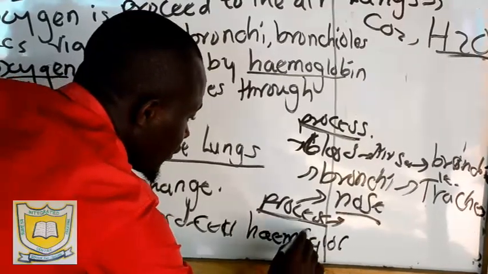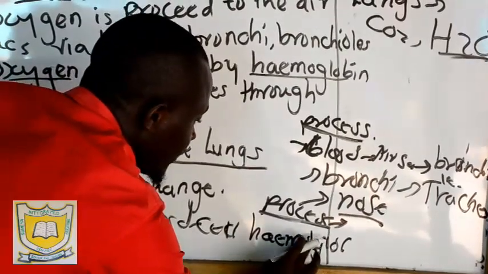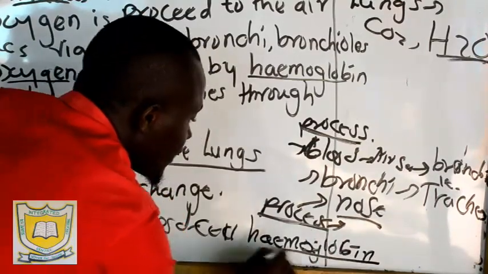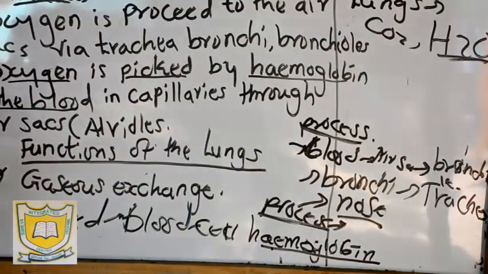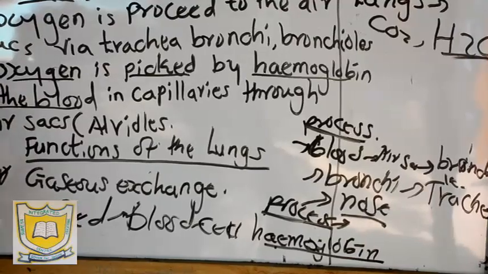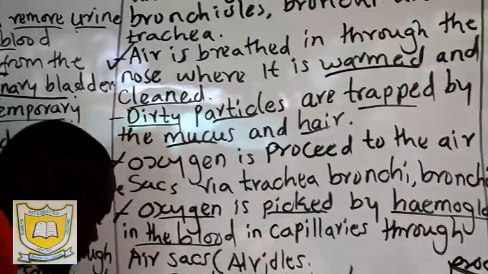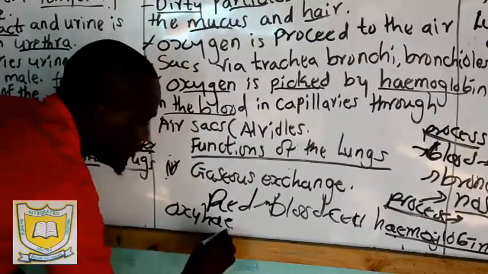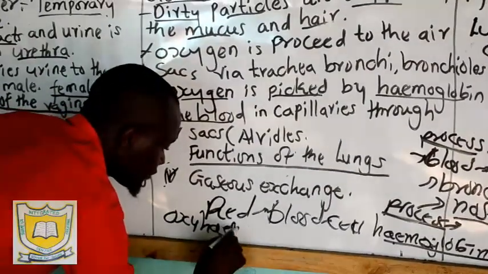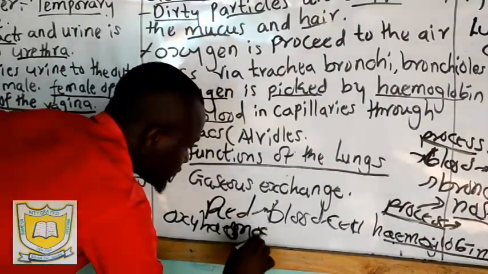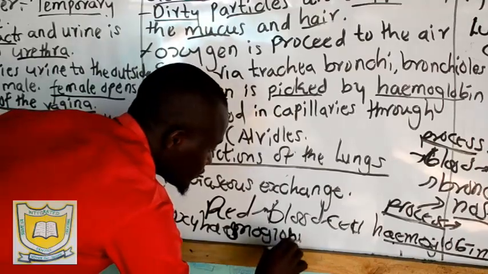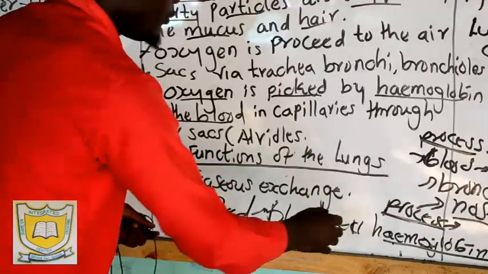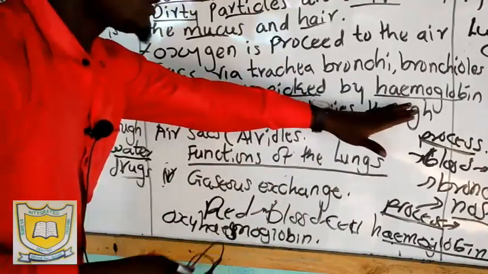Now the hemoglobin in the red blood cells mixes with oxygen to form what we call oxyhemoglobin. Before mixing with oxygen, they are just hemoglobin.